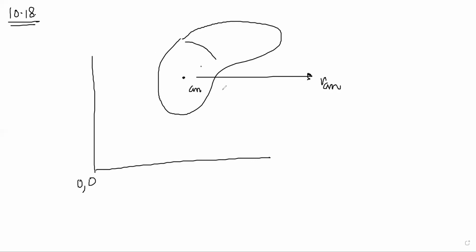It is also spinning about the center of mass with omega, right? Now you want to find the kinetic energy of this body. This is the complicated case, rotation plus translation. Now, how do you do that? Technically, kinetic energy is still the same thing.